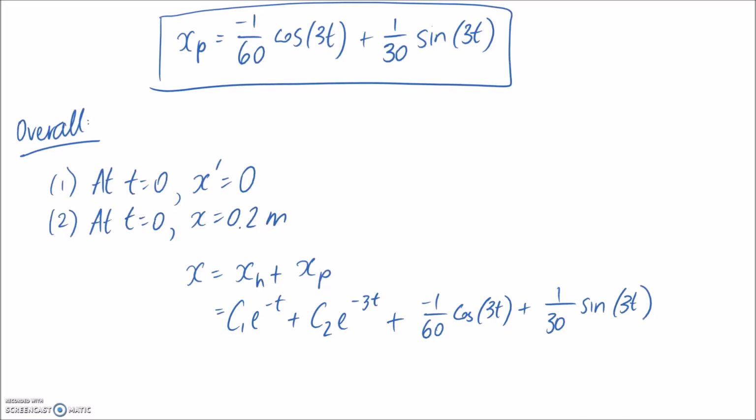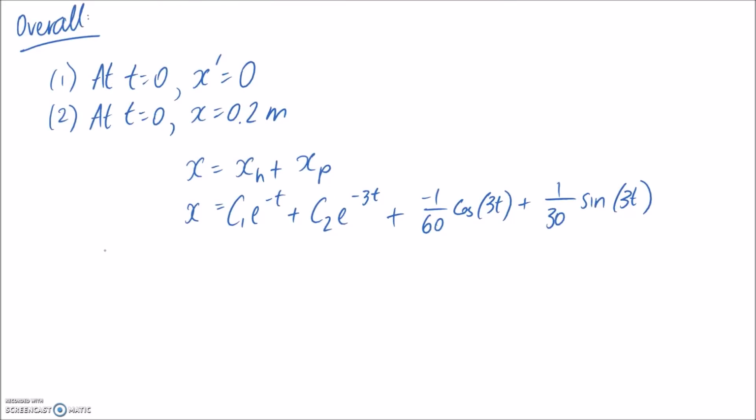Okay, so now what we're going to do is use each of these conditions. I might start with the second one here, because it's in terms of x, and I've got this equation in terms of x. So let's start by substituting it into the equation. So x is going to be 0.2, and anytime we see a time, it's going to go to 0. And this is what we get.